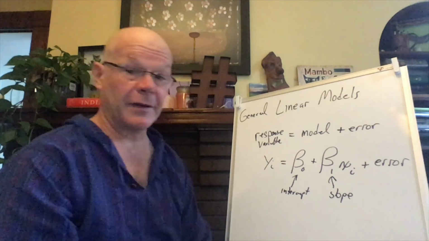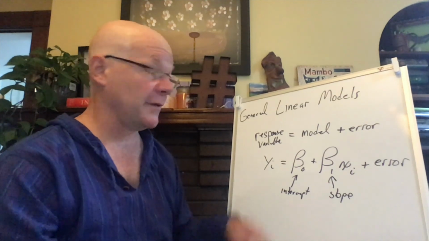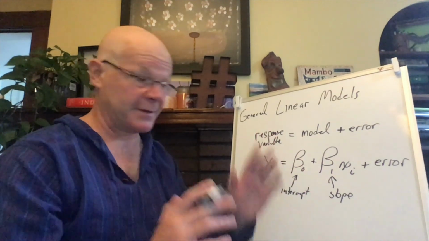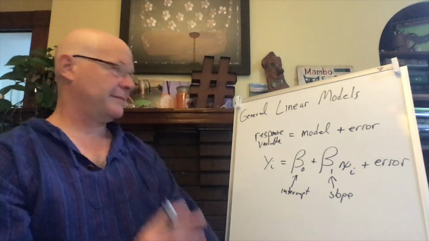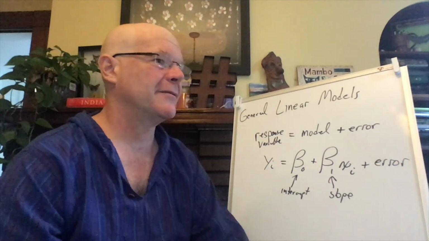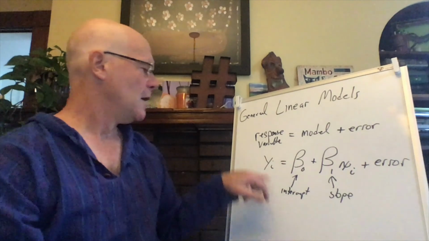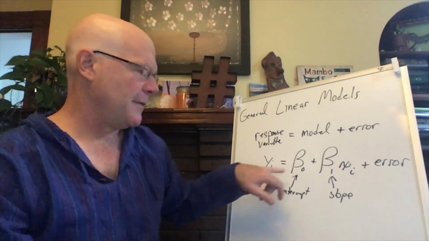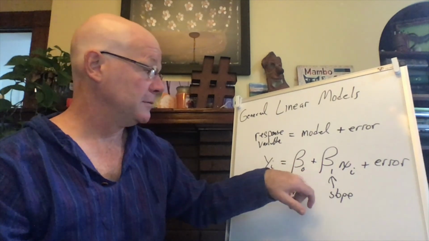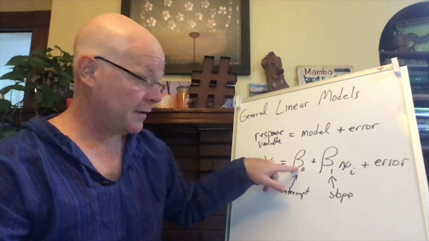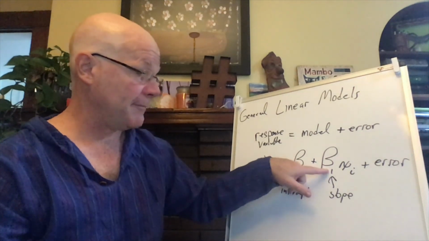Okay, it's a very basic, very easy model to think about. You know, this is y equals mx plus b. This is like, you know, whatever it is. I don't know, what is it? 8th grade, 7th grade? Math? I don't know. But it's a line equation. And this is an example of a very simple model. Here's our parameters, the intercept and the slope, beta naught and beta 1.